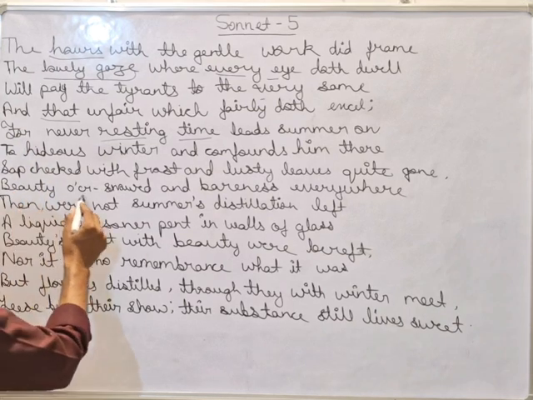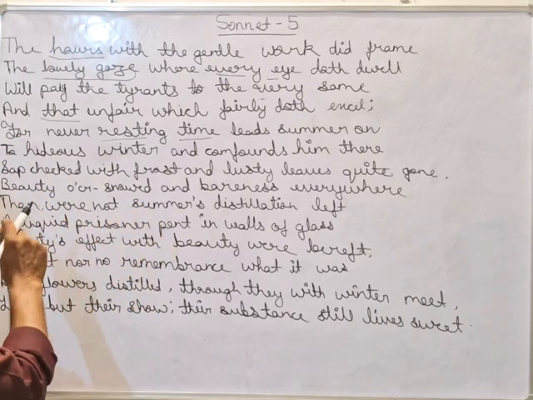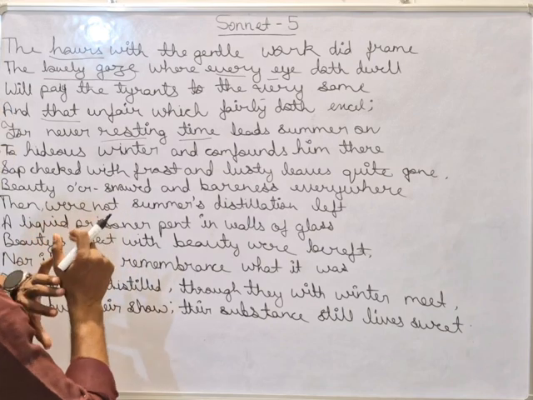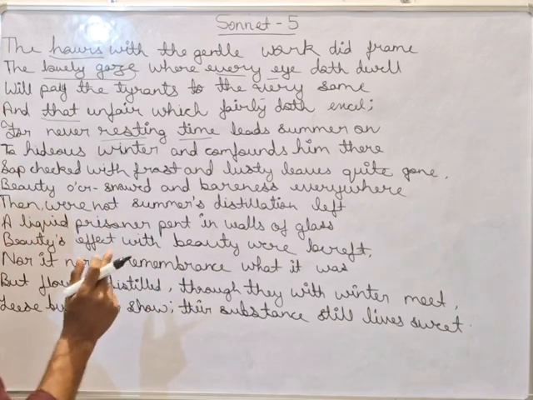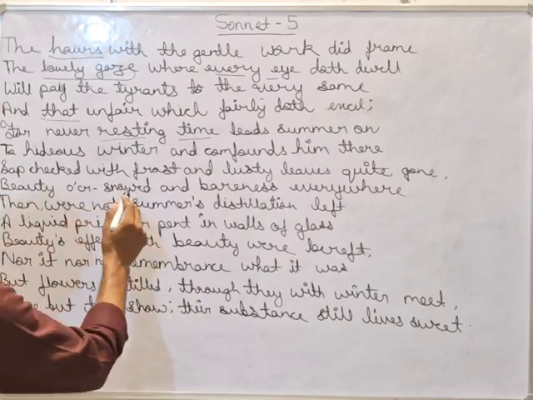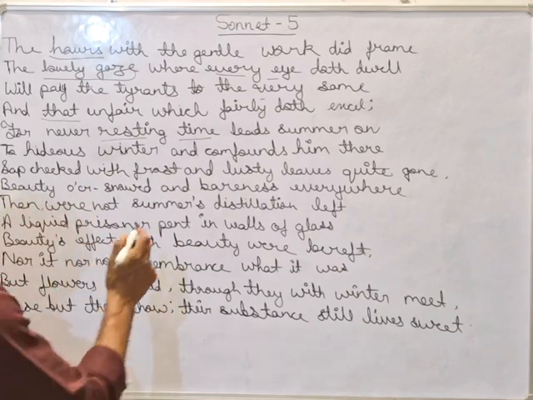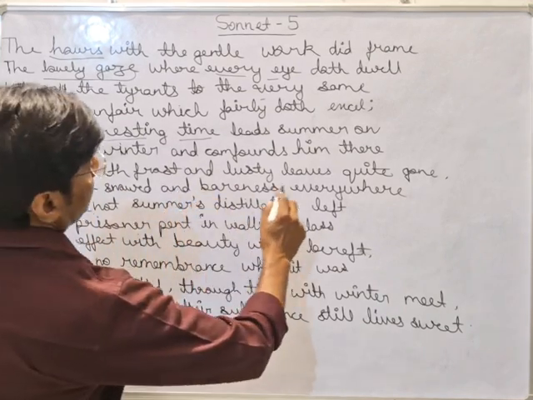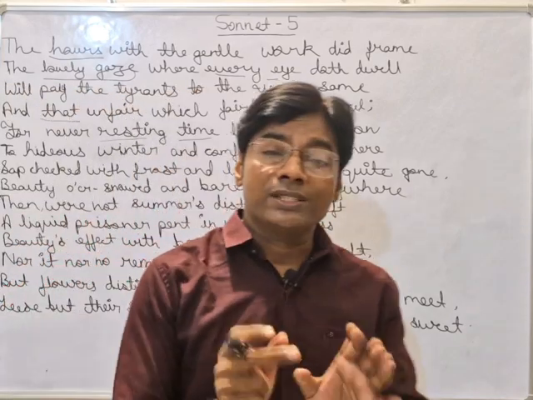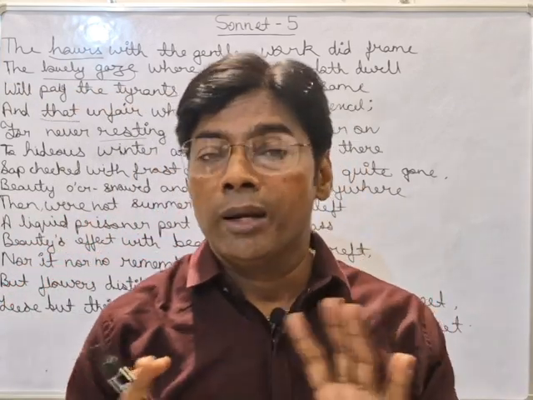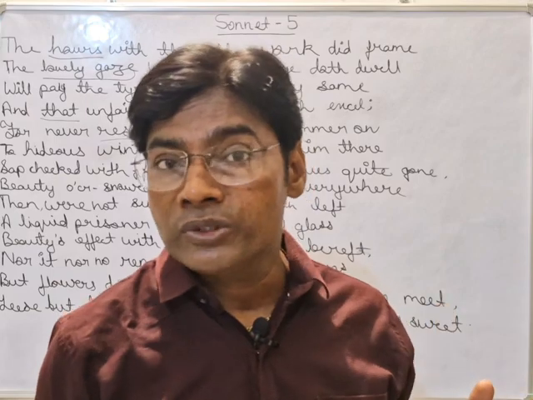So "beauty o'ersnowed." See how the beauty of nature is covered by the snow. How the snowfall covers the beauty of nature, and there is barrenness everywhere. And what is left? Only emptiness, barrenness.